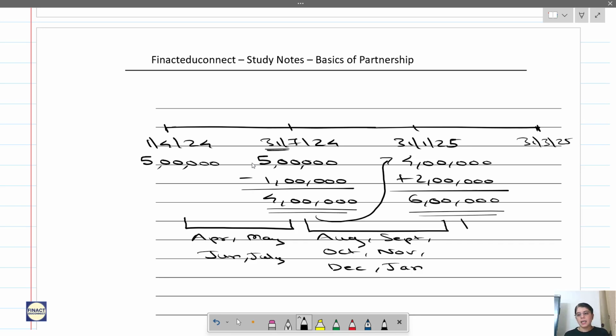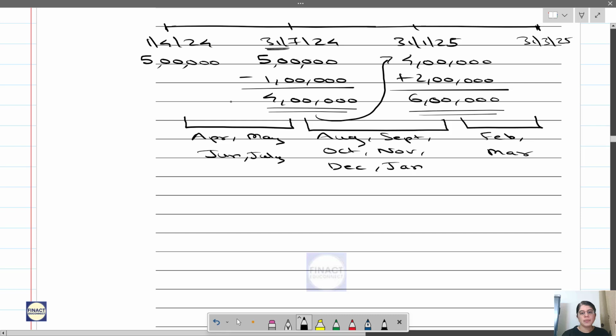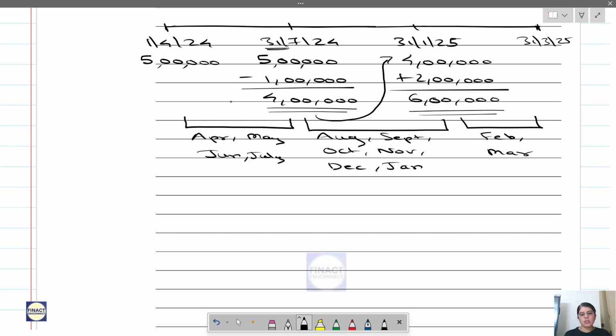Then from 31st Jan to 31st March it was 6 lakhs, so Feb and March. So April, May, June, July is 4 months; 1, 2, 3, 4, 5, 6 months; and this is 2 months. So 4 plus 6 plus 2 is 12. You should always cross check this.